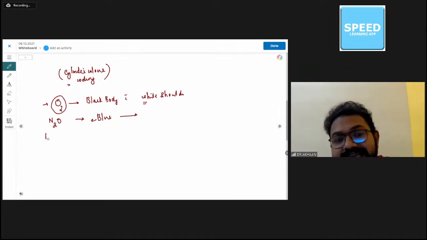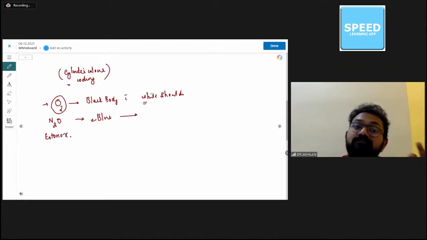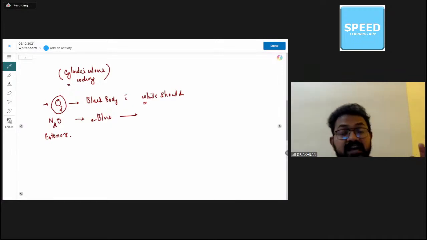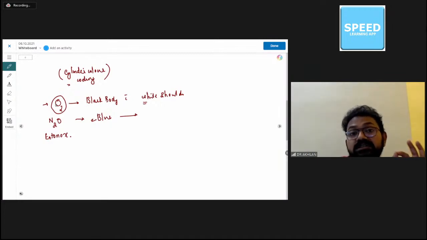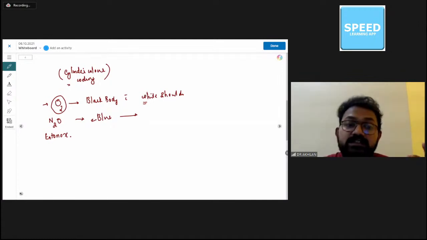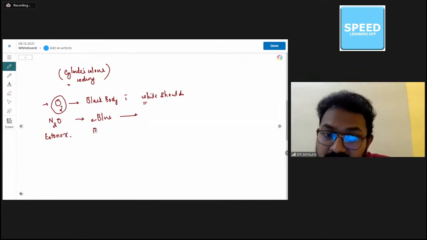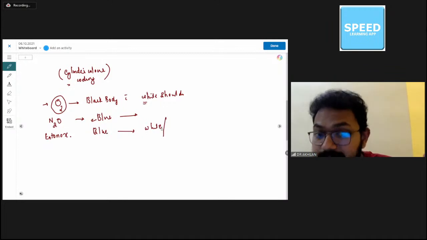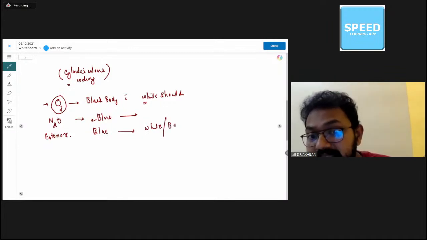Then I told you there is a gas called Entonox. Entonox is a mixture of nitrous oxide and oxygen, so it should have the component of nitrous oxide and the component of oxygen as well. I told you if there is oxygen in the gas, there will be something white in your shoulders, right? So Entonox essentially has a blue body and either a purely white shoulder or sometimes a blue plus white shoulder.